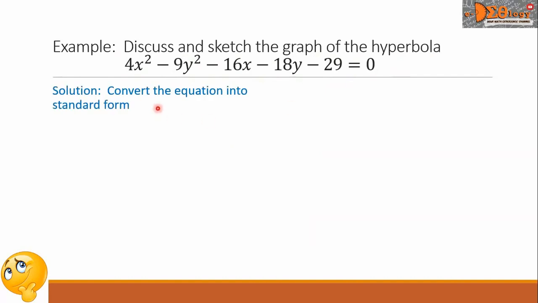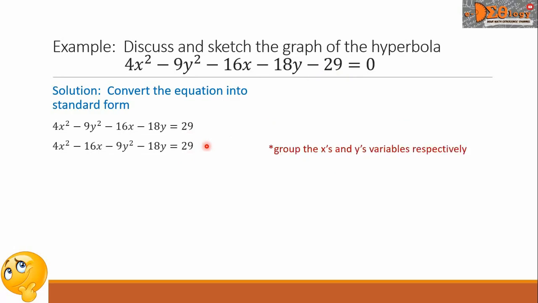For our solution, let us convert the equation into standard form. We will copy again this equation, but we must transpose the constant to the right side. Now, the −29 is on the right and becomes positive 29.